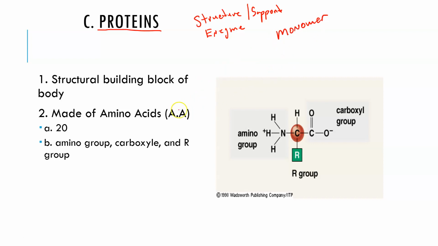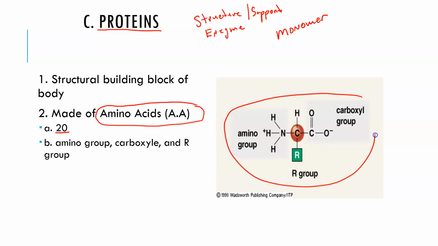The monomer, or the building block for a protein, is known as an amino acid. With the amino acid, there happen to be 20 different types altogether. So there's actually 20 different forms of this monomer. And this right here would be an amino acid.